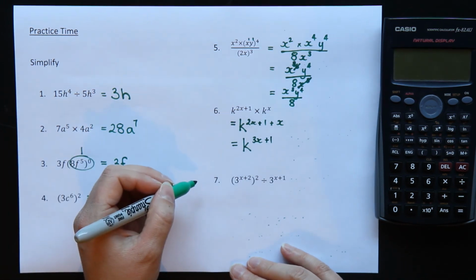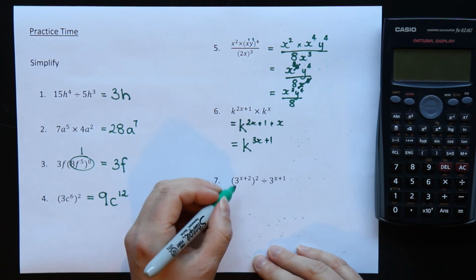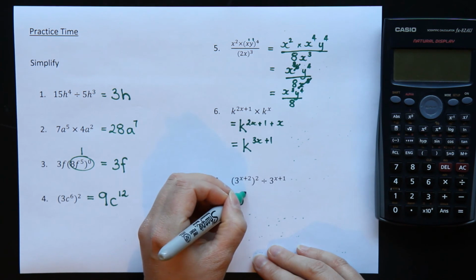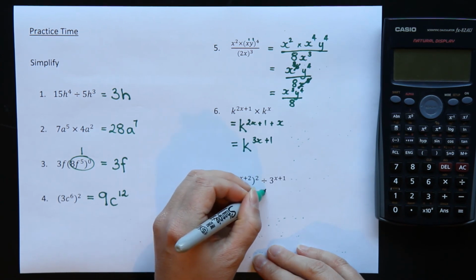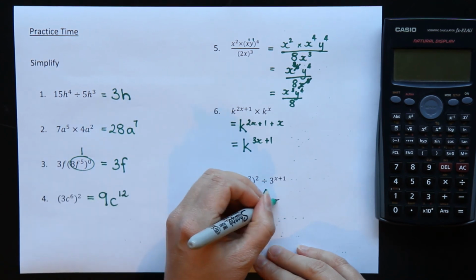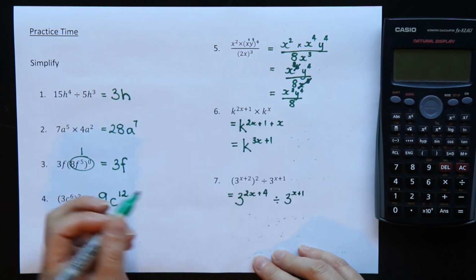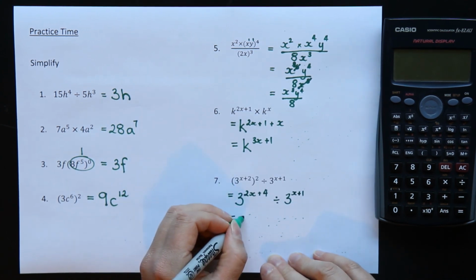Finally, question 7. Let's expand these brackets first, which means I need to multiply the powers. So 3 is the base. I need to do x times 2, which is 2x, and 2 times 2, which is 4. Okay, then I'm dividing that by 3 to the power of x plus 1. Now if I'm dividing and I have the same bases, I want to subtract the powers.